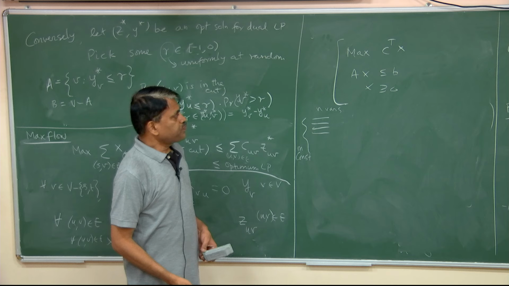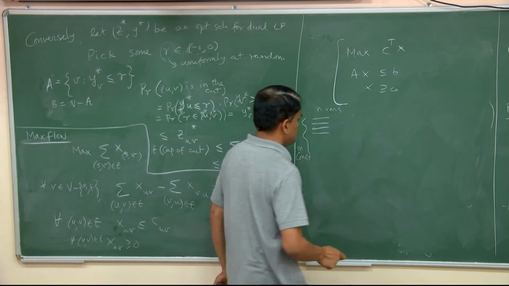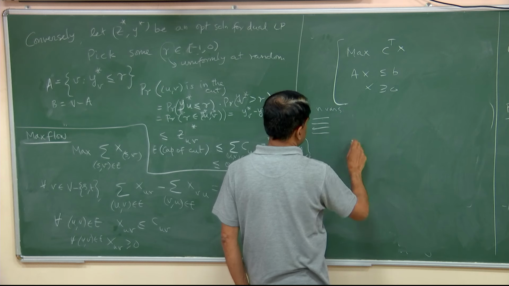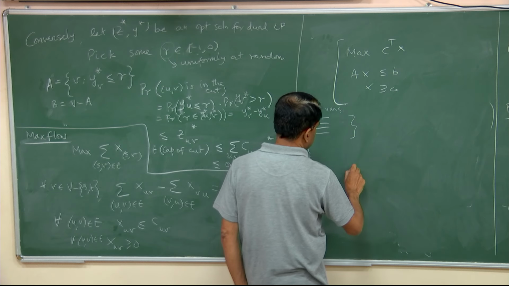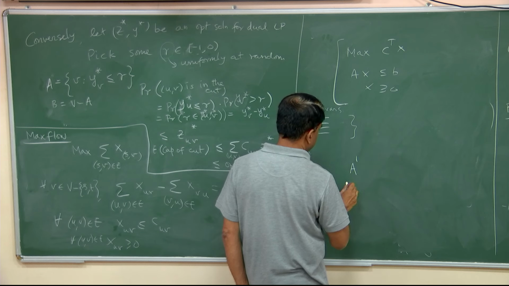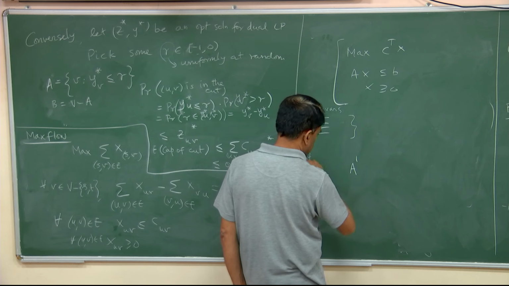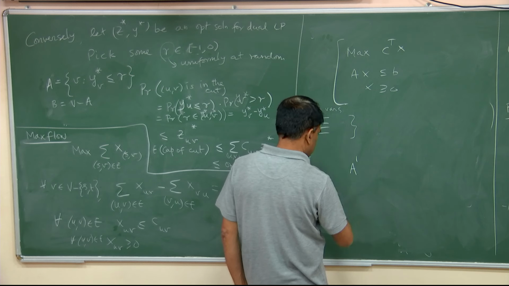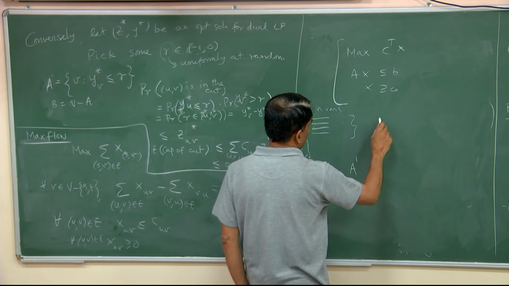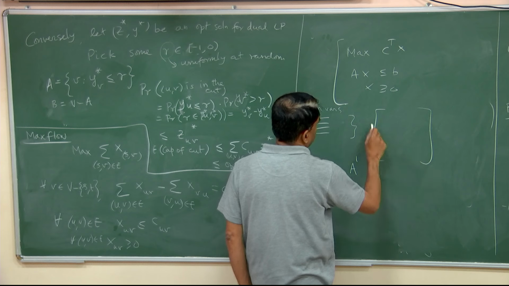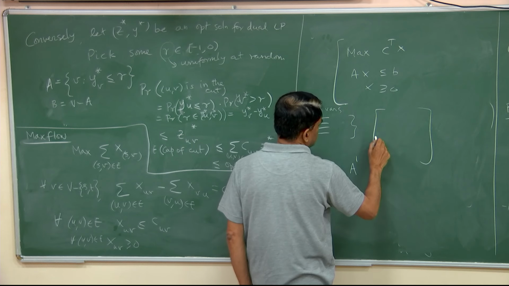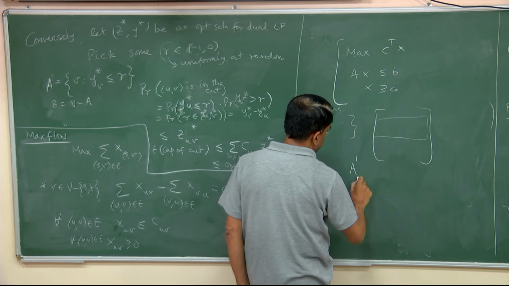Now if I pick some N constraints, then what do I get? Let's look at this matrix A prime. You have this big M by N matrix, and out of it I pick some N rows, so I get an N by N matrix.